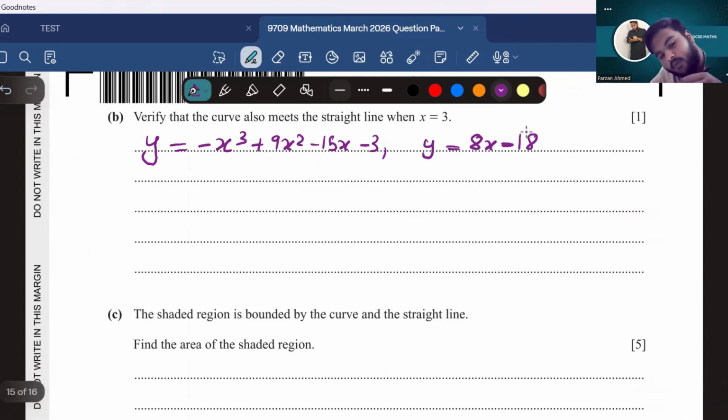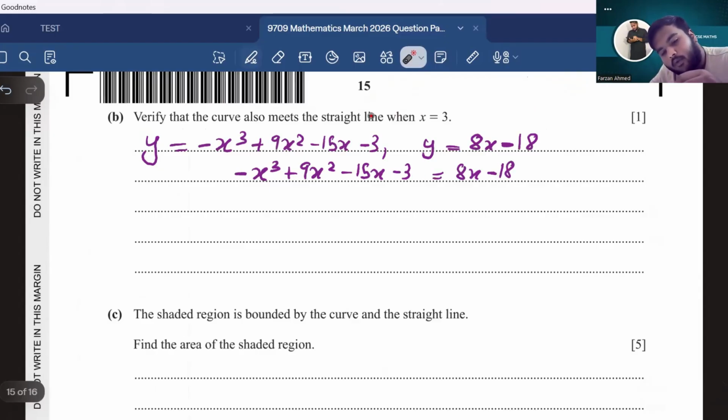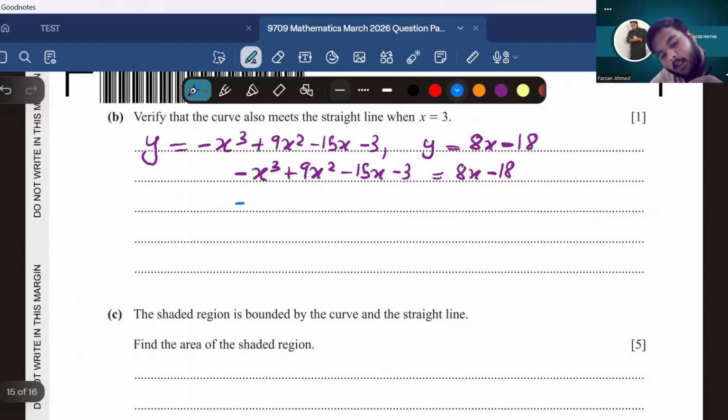We equate them: minus x cubed plus 9x squared minus 15x minus 3 is equal to 8x minus 18. To verify this, we put the x value: minus bracket 3 cubed plus 9 bracket 3 squared minus 15 bracket 3 minus 3 is equal to 8 bracket 3 minus 18.